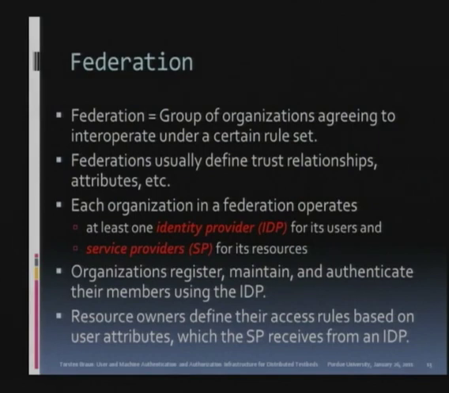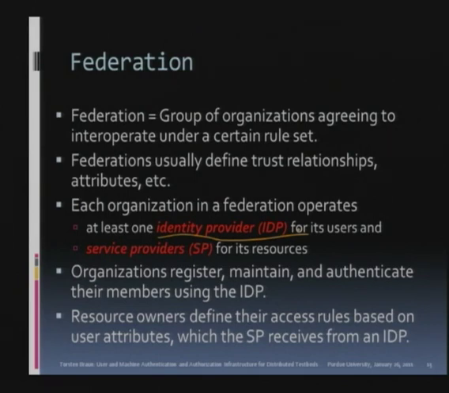So in a federation here, each organization which is a member of this federation is assumed to run two kinds of entities. Basically, first we have to run a so-called identity provider. So that's basically used for authentication. So an identity provider is a server where all the users of our organization are listed, and all the attributes are also stored in that identity provider.